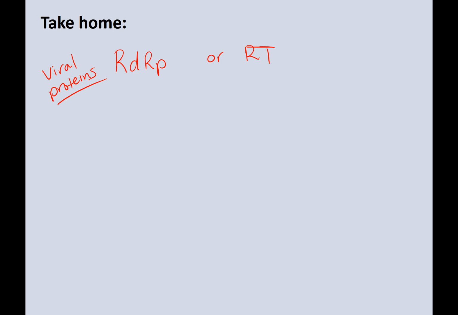Except for RT, there's no DNA intermediate, so you're just going RNA to RNA to RNA that eventually gets packaged. Yes, double-stranded RNA is an issue, and so different viruses have adopted different strategies to hide their double-stranded RNA away so that the interferon response isn't triggered.